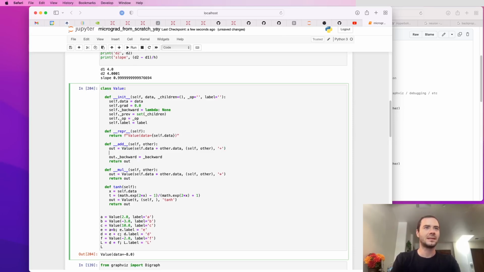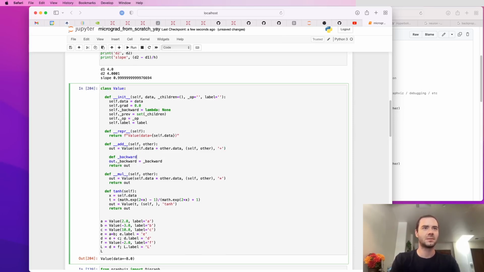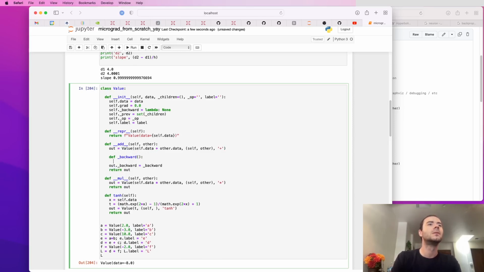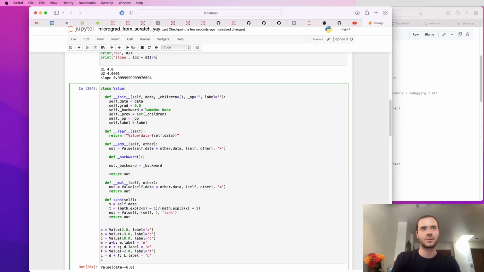So let's define what should happen. And we're going to store it in a closure. Let's define what should happen when we call out.grad. For an addition, our job is to take out.grad and propagate it into self.grad and other.grad.